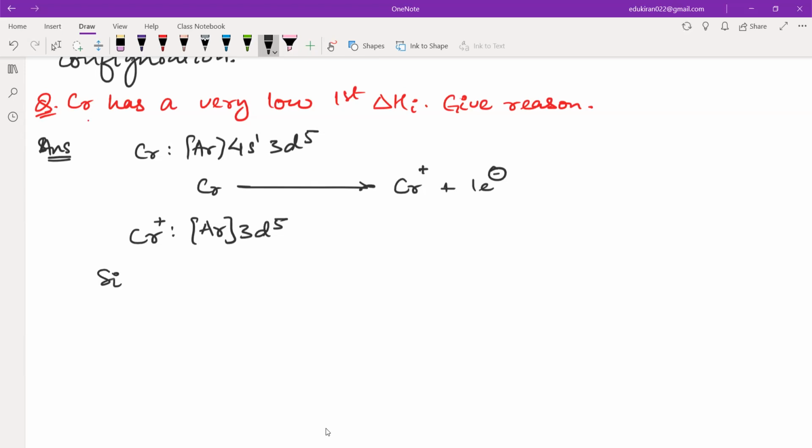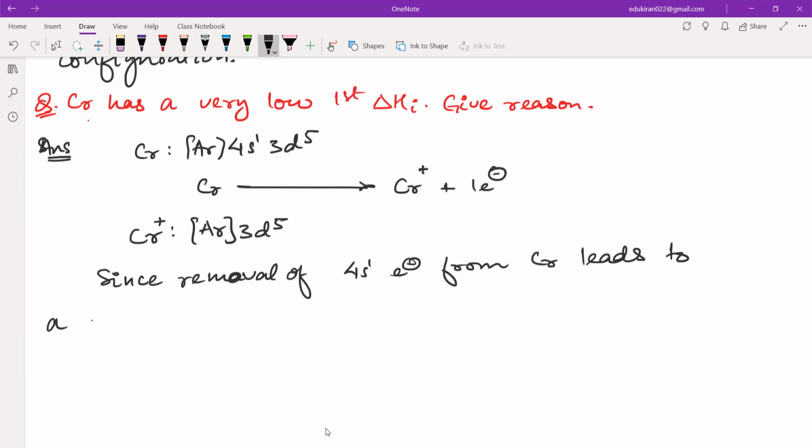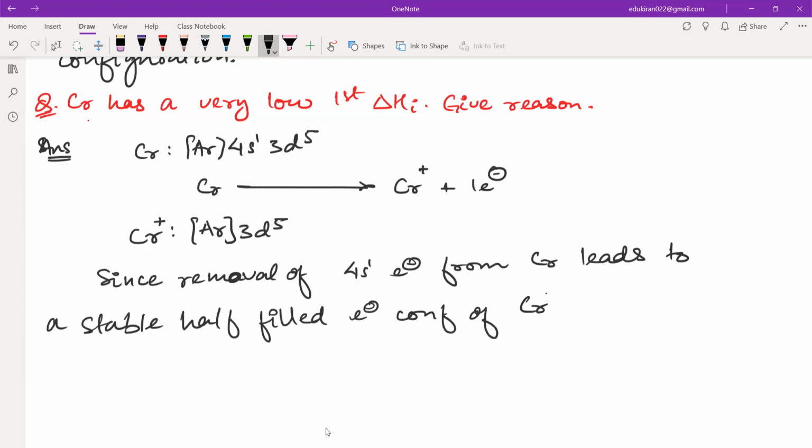Now you can say that since removal of the 4s1 electron from chromium leads to a stable half-filled electronic configuration of Cr positive, that is argon 3d5, the delta Hi is low.